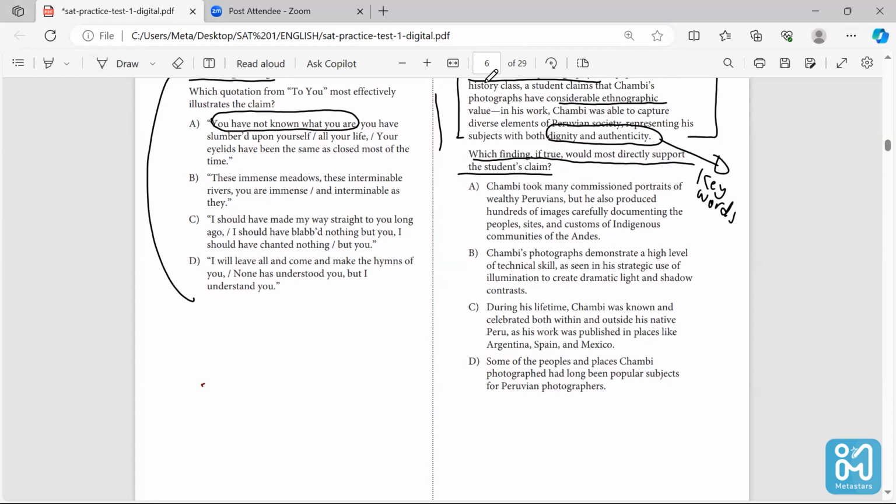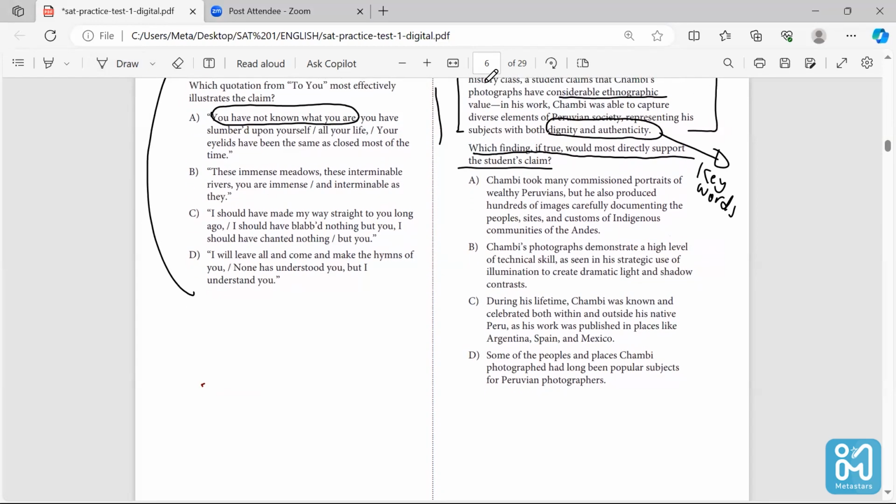So it could be D, because some of the people and places he photographed had been popular subjects, but it's more C, because he celebrated both within and outside native Peru. Bravo. Thank you so much. You're wonderful, my son. That's right. That's completely right.